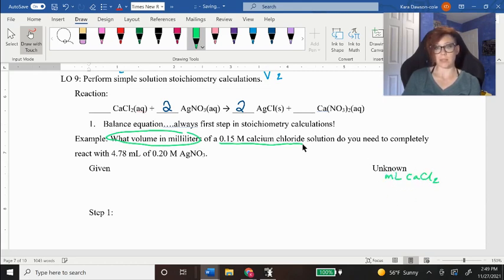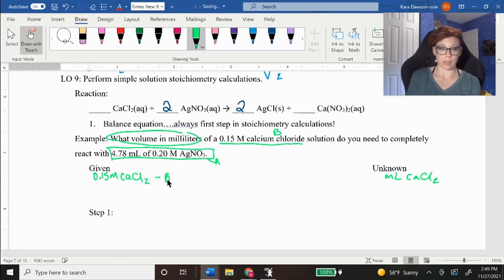So this is going to be my substance B. And then it's asking what it completely reacts with: 4.78 milliliters of a 0.2 molar AgNO3. So this is going to be A. So substance A. So again, the thing that was given here is a 0.15 molar CaCl2. I've been given, so this is going to be B.